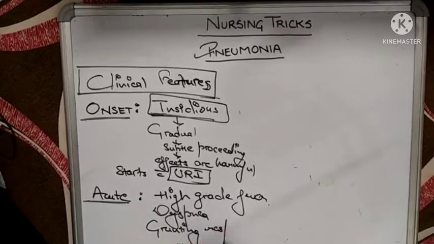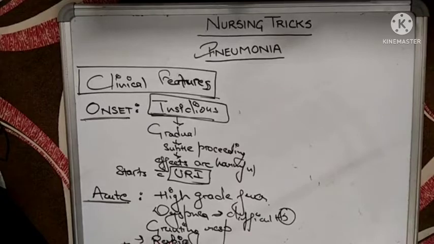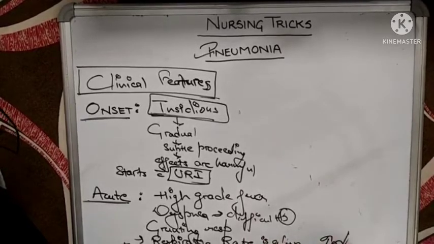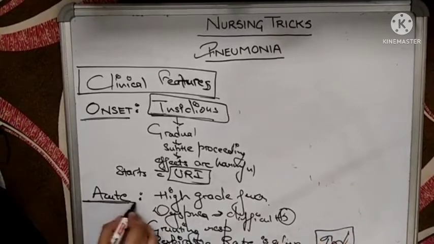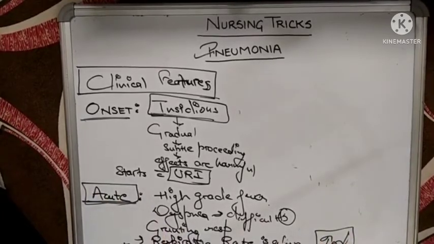Dyspnea is difficult breathing, and then grunting respiration. And mark the line, the respiratory rate will always be increased in this particular onset, that is acute onset. Okay, so I hope this much is clear to you.